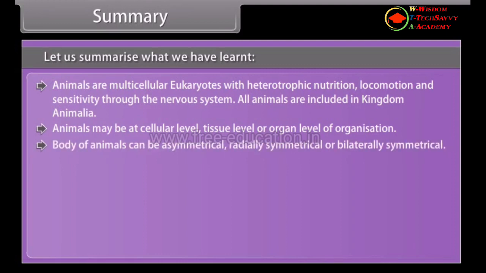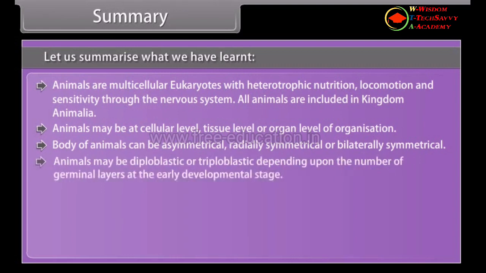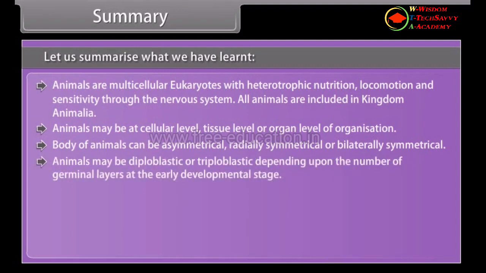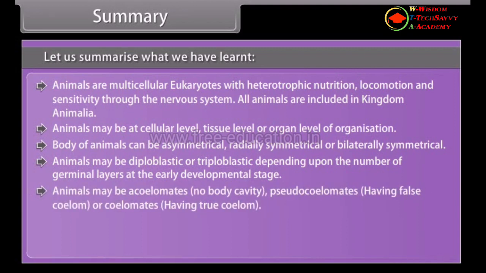Body of animals can be asymmetrical, radially symmetrical, or bilaterally symmetrical. Animals may be diploblastic or triploblastic depending upon the number of germinal layers at the early developmental stage. Animals may be acoelomates, having no body cavity, pseudocoelomates, having a false coelom, or coelomates, having a true coelom.